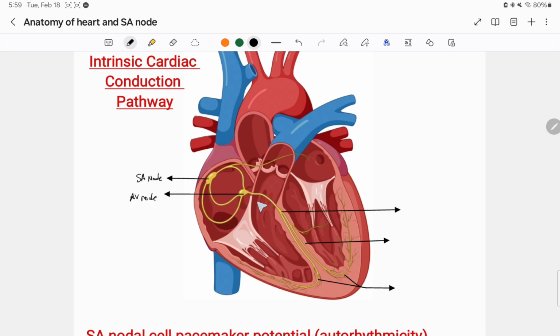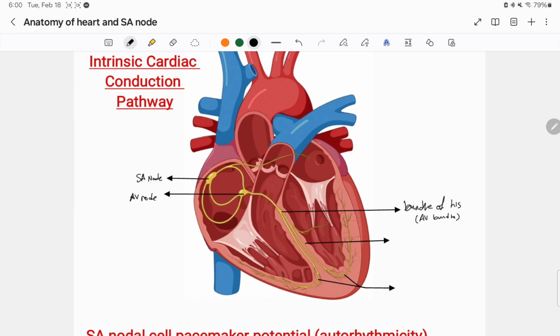What you're noticing here is that the AV node is the only route for passing an electrical current to the ventricles. We'll touch on this a little later. This bundle that comes down all the way here is called the bundle of His. Okay, it's pronounced His. Sometimes you might see this called the AV bundle.